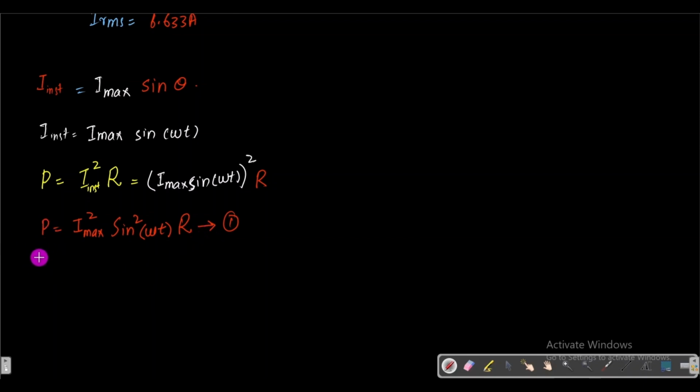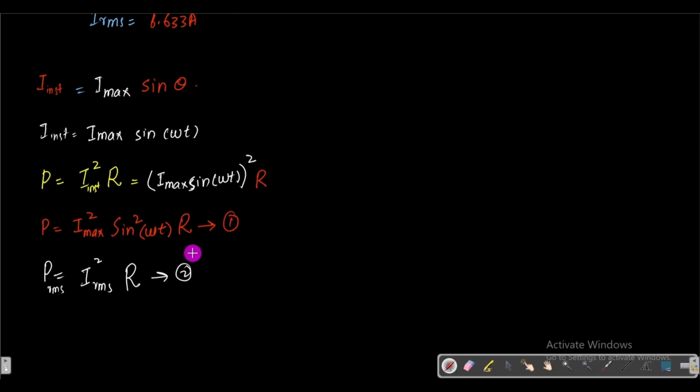Now actually we are interested in the RMS value. The power for the root mean square current is given by P RMS is equal to I RMS whole square into R, and let's say this is equation 2.